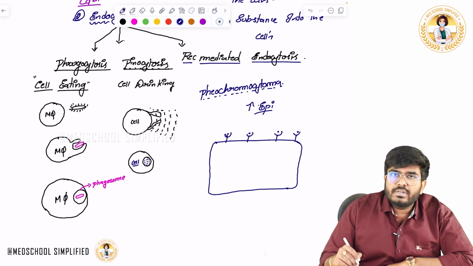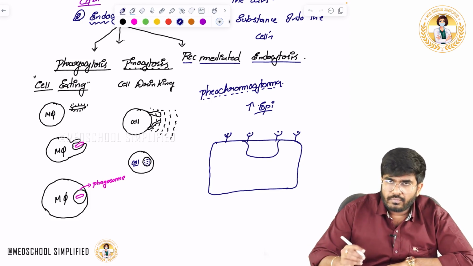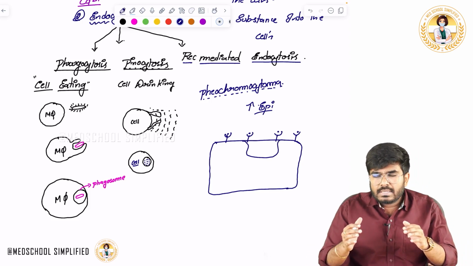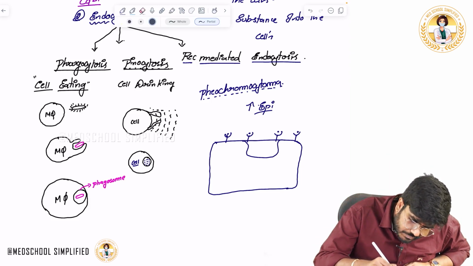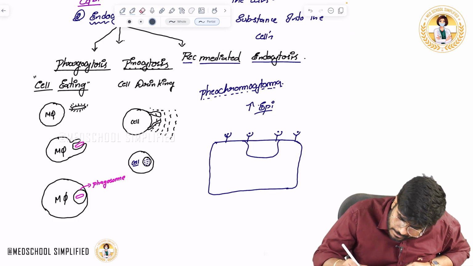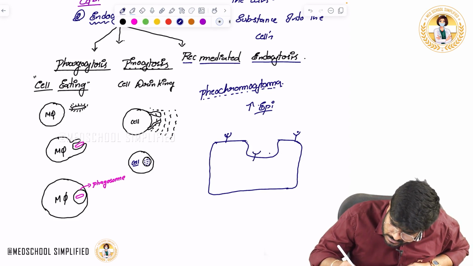So what these cells will do is form a blob like this. Look carefully. Now what happened to the cell membrane? The cell membrane is invaginated. These two are the receptors.